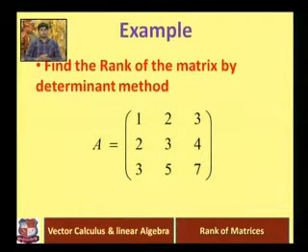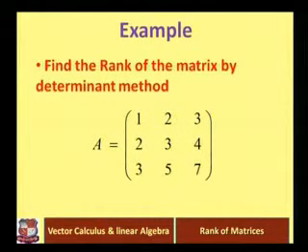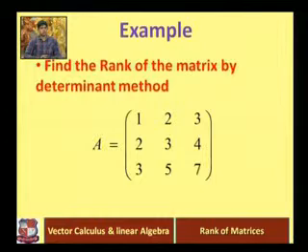Let's choose another example for rank 2. The matrix A is equal to [1 2 3; 2 3 4; 3 5 7].